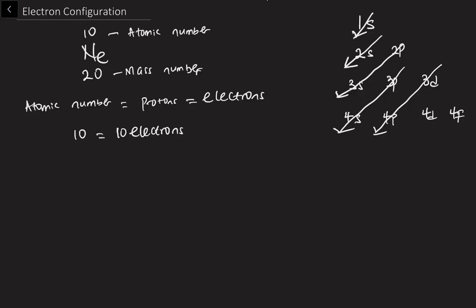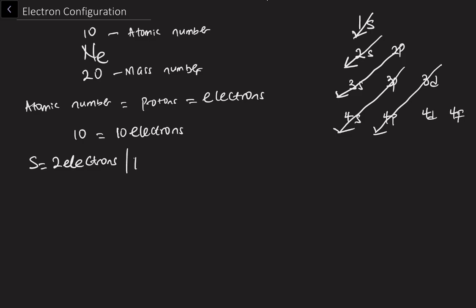So for the orbitals, s orbital can take a maximum of 2 electrons. So you cannot have 1s3 or 1s4. That's not possible. S orbitals can take a maximum of 2 electrons, and I covered that in the 4 quantum number videos. If you haven't watched that video, you can go back and watch it.